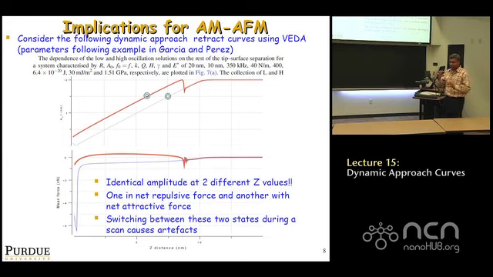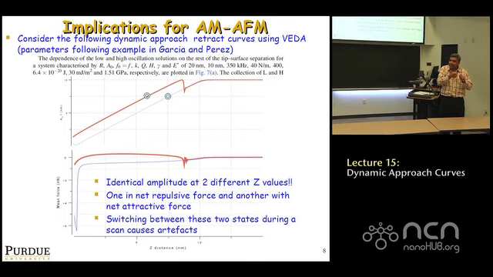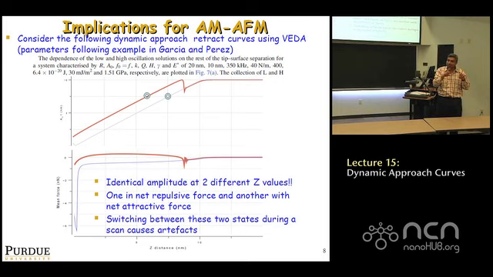So you can imagine you're scanning in the attractive state happily, but for some reason you've hit an object and there are transients, the controller has some noise, there's some feedback noise in the system, there are different kinds of noises, and it gets tricked, and it switches to the other state, which happens to have the same amplitude. After all, it's asked only to maintain a constant amplitude.